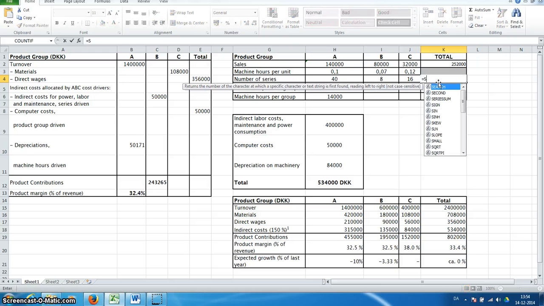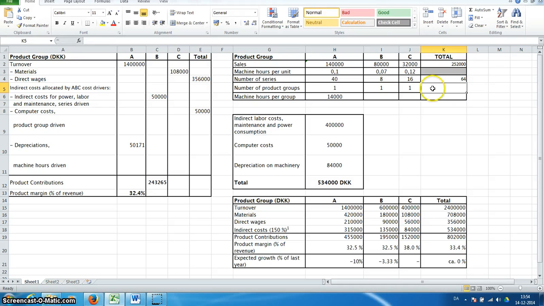We can also use the sum function to find the total number of series across all three product groups. The number of product groups, well, that's given, one each. Down here we have to find the machine hours per product group. That's equal to 80,000 times the machine hours per unit.